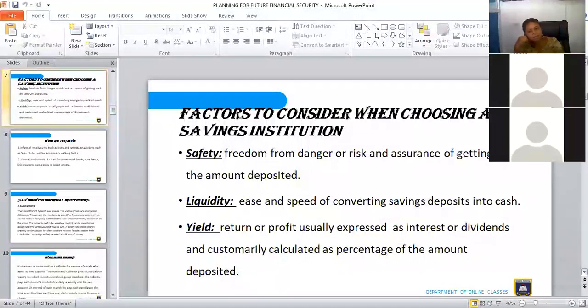Anytime you want to choose a savings institution, ask yourself, is this an institution where, after saving with them for years, I will go there one day and find a very big padlock used to lock the entire office? Or you pick a phone to call and nobody answers, which means your money is not safe. But where your income is safe, it means that the savings institution is one that the Bank of Ghana has given accreditation to operate.